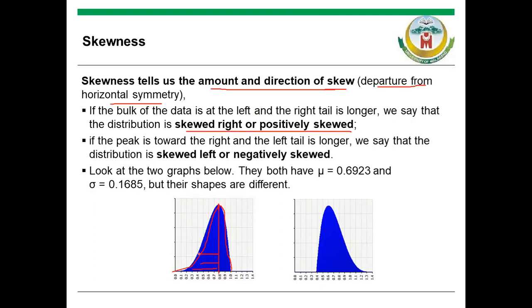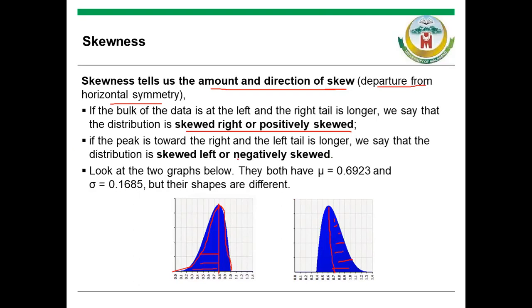Okay, so this is left skewed. And in this case, let's say this is the center, and most of the data is at the right side. Here we say that this is skewed right or positively skewed.